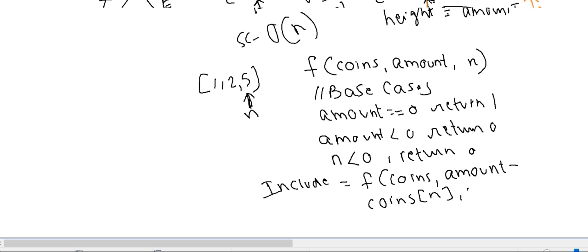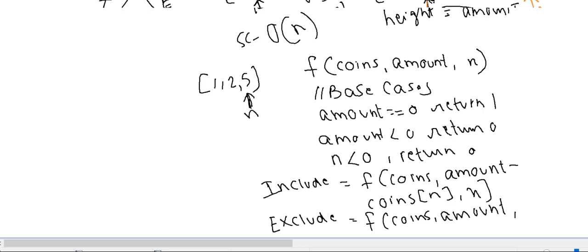But when I do exclude, my amount doesn't change because I am not including that coin.